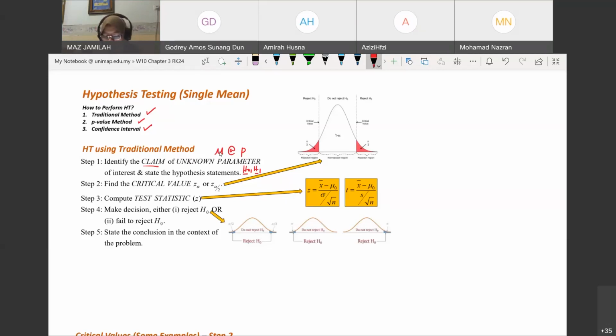Last time when we discussed CI, we also discussed the critical value. That is defined by your alpha. We may have two types of alpha: alpha or alpha over 2, which reflects a two-tail test or a one-tail test.